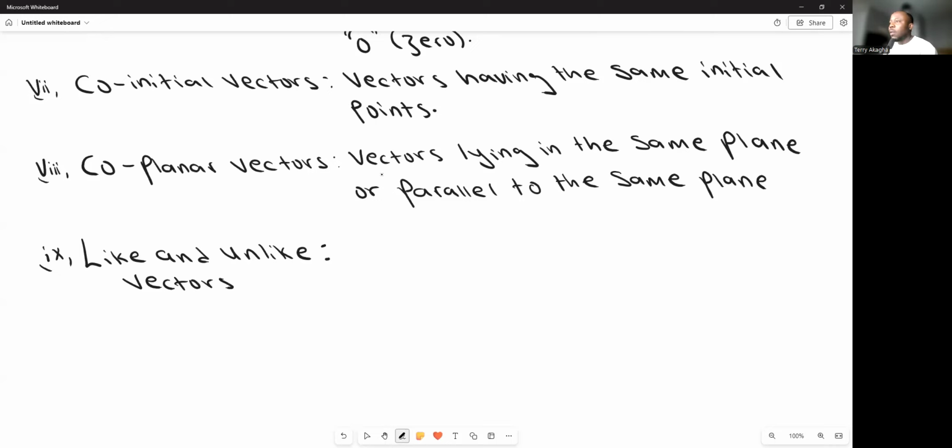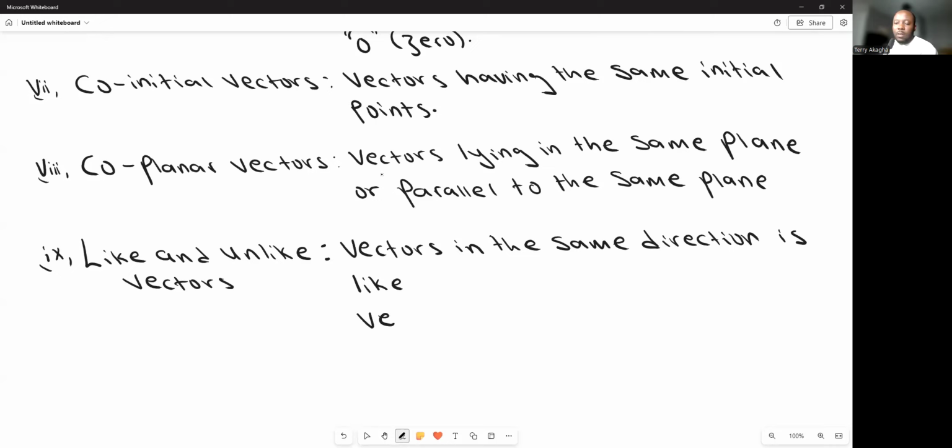So vectors in the same direction are like vectors, okay?